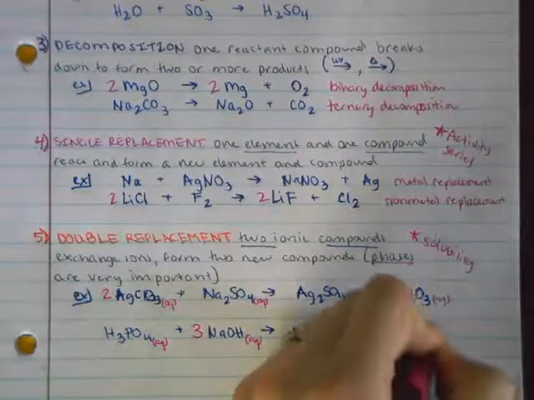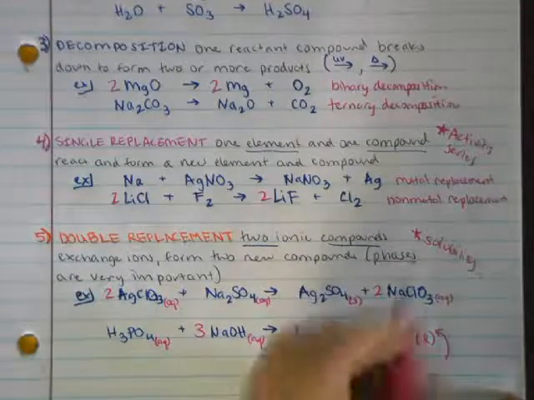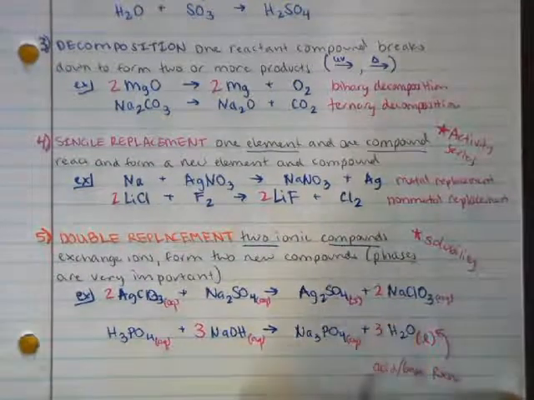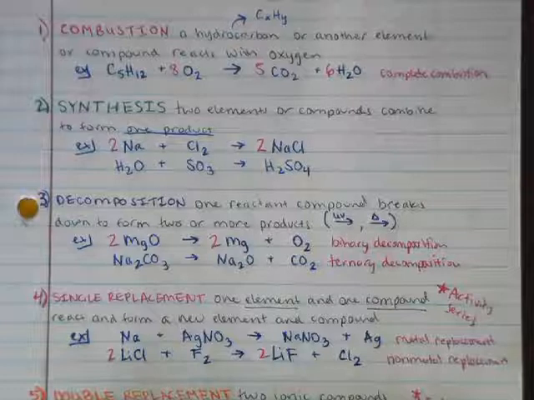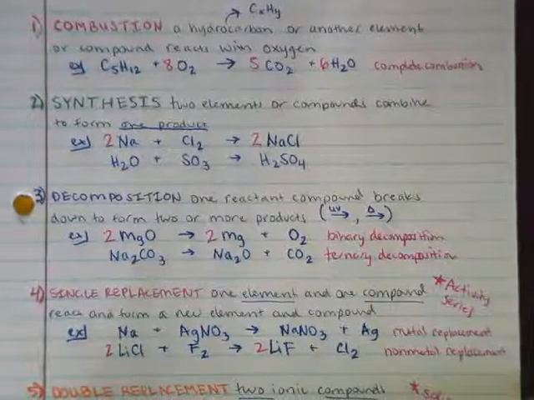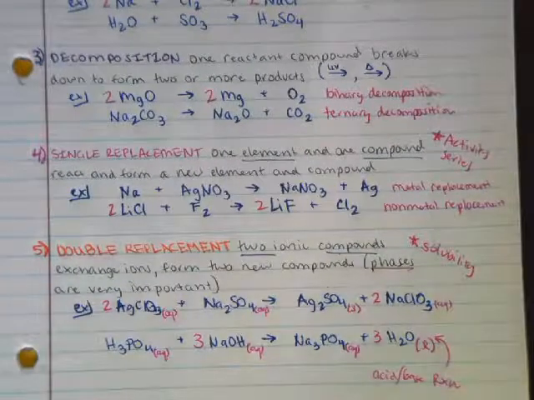And this right here is an example of an acid-base reaction. Okay, so just by looking at those patterns, that should be enough to visually assess a reaction and know what kind of reaction it is or what type of reaction it is, even if you're not quite able to predict the products as of yet.